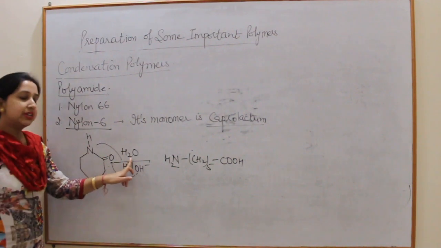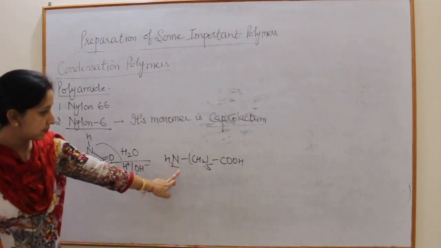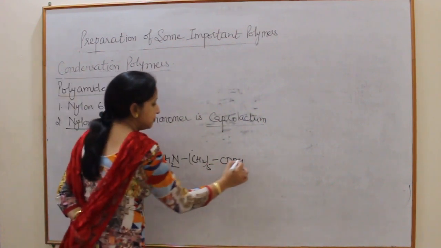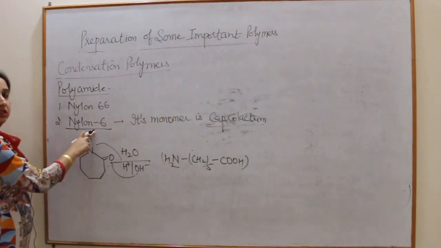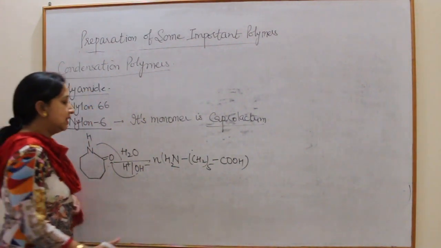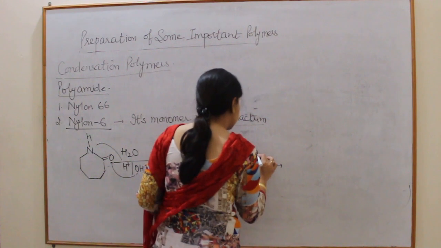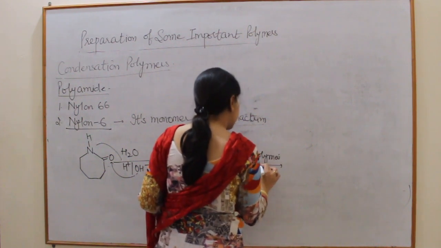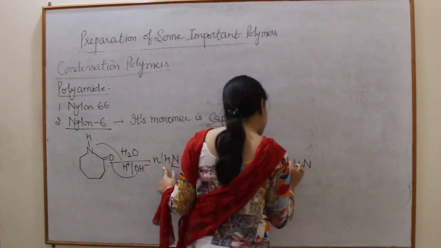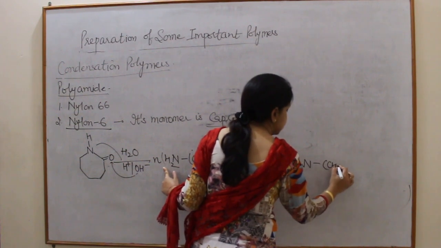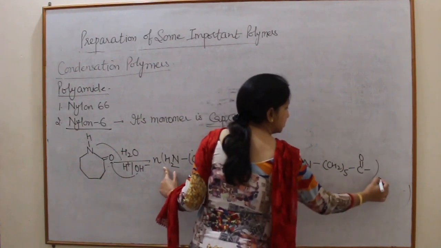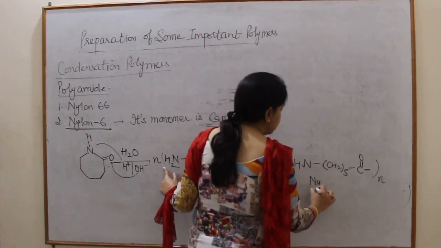So caprolactam on treatment with water first forms an intermediate. This intermediate will further change into nylon 6. When n molecules of this intermediate react, then we will get nylon 6. Upon polymerization, again we have to write NH single bond, CH2 5 times, single bond, C double bond O. So this is your nylon 6.